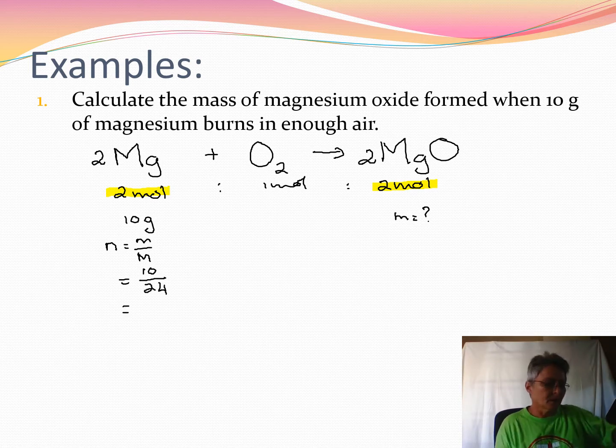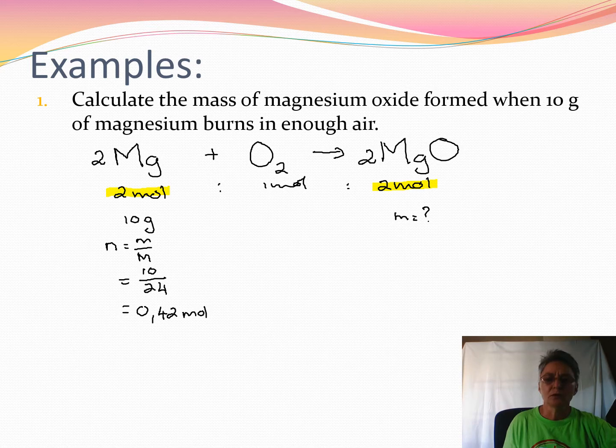So 10 divided by 24 is 0.416666, so I'm going to say 0.42 moles.